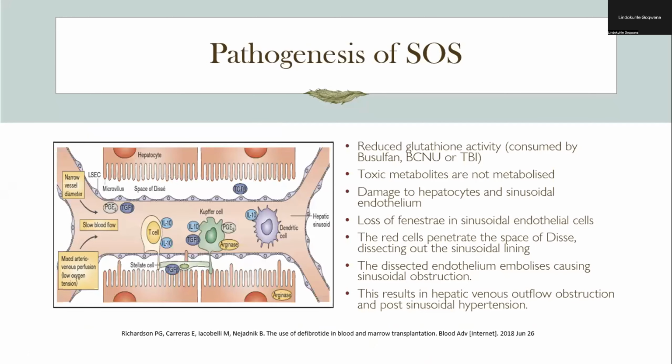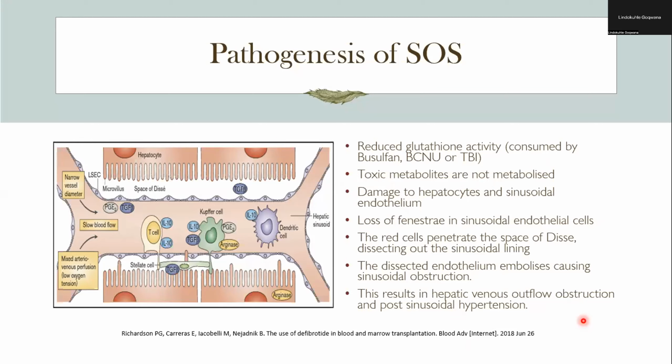Hepatic metabolism of certain drugs such as cyclophosphamide by the cytochrome P450 system often produces several toxic metabolites. We just spoke about acrolein. These metabolites are ordinarily converted into stable non-toxic metabolites by the glutathione enzymatic system and then eliminated. But glutathione is often consumed by busulfan, BCNU, or even radiation, and these toxic metabolites are then not metabolized, and they cause damage to the hepatocytes and the sinusoidal endothelium.